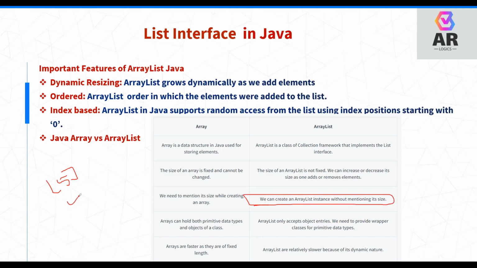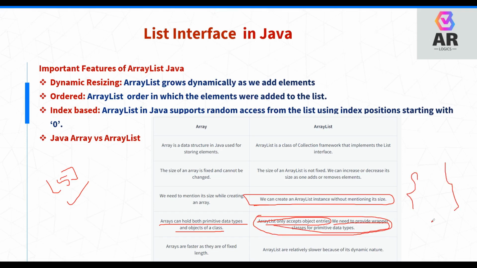An array can hold primitive data types and objects also. A list only accepts objects. For primitive data we need to provide wrapper classes only. I already showed you wrapper classes. What are wrapper classes? How many wrapper classes are there?